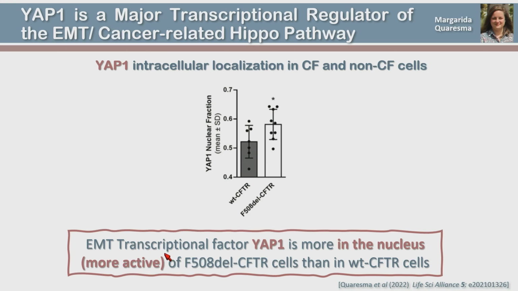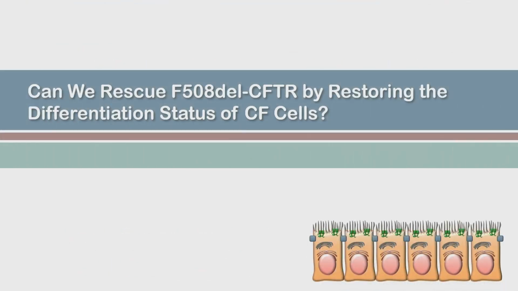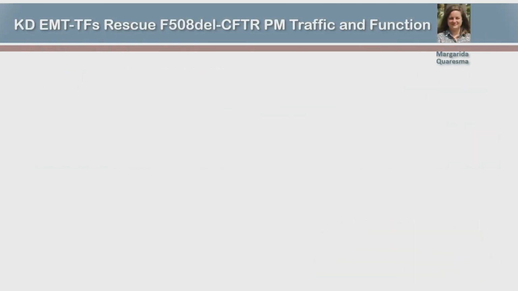And that could explain why we observe this mesenchymal or partial mesenchymal phenotype in F508del cells, in general in CF cells versus non-CF cells. The big question is, can we restore F508del by restoring the differentiation status of the cells? Because if the cells have this big handicap of not being fully differentiated, it's certain that they will not have the machinery responsible, for instance, for trafficking, which should be in place in a fully differentiated cell.